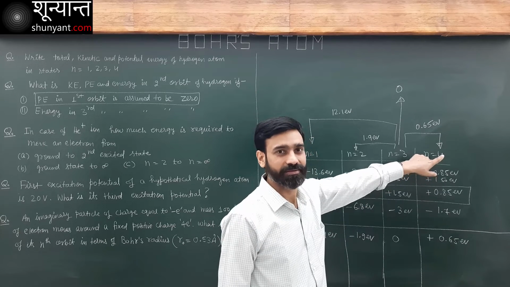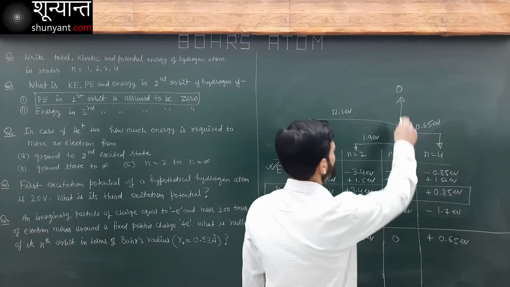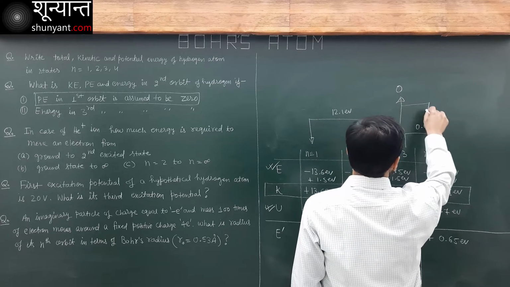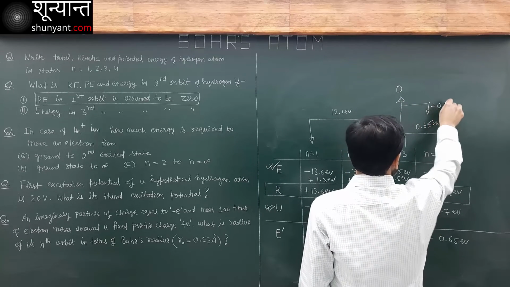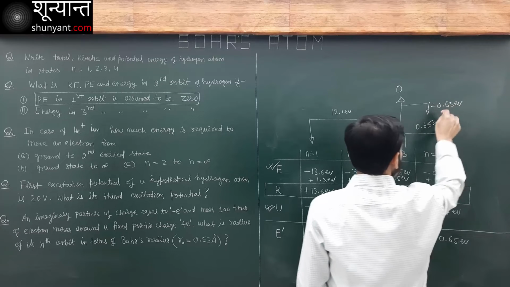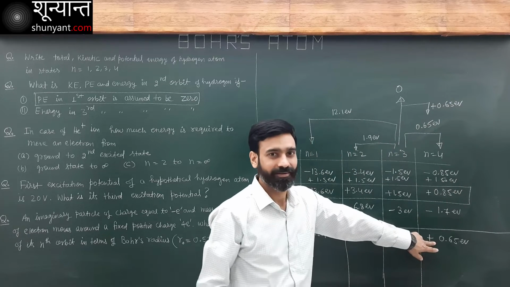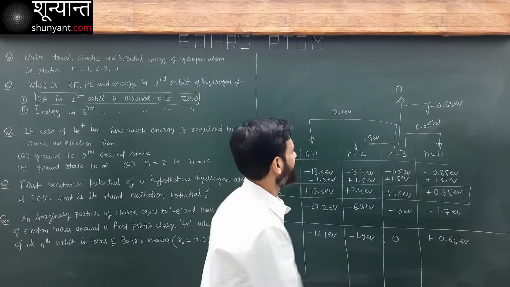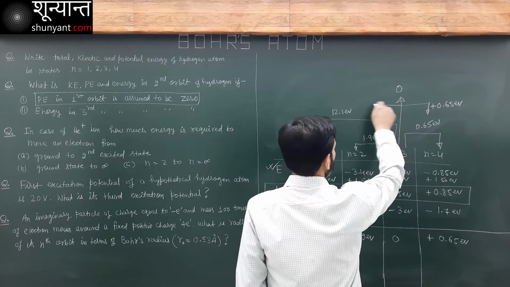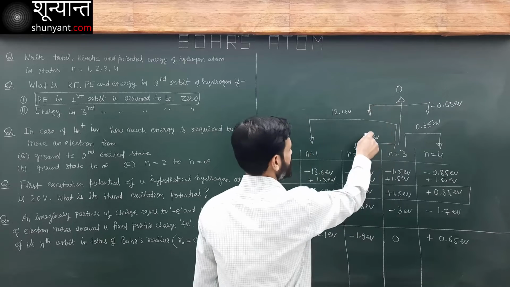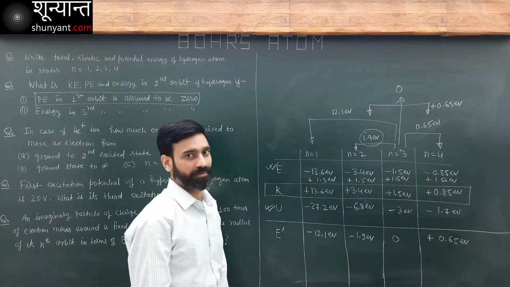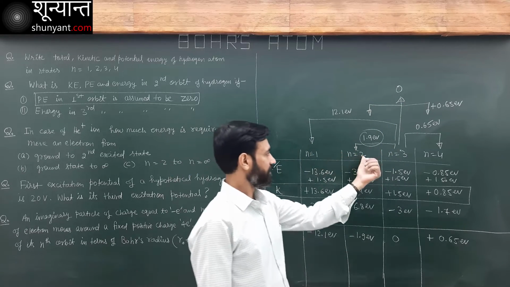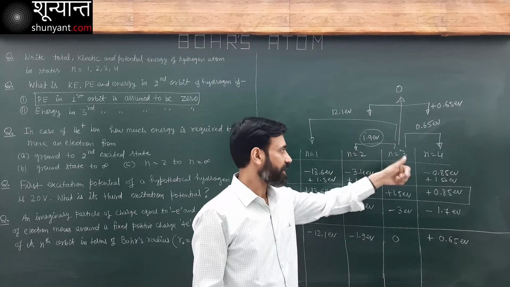And what should be the difference? If energy here is 0, energy here should be equal to plus 0.65 electron volt, because this is the difference. Now energy of this is 0, what will be energy here? This energy will be lower than this. This is a lower energy state, this is a higher energy state.